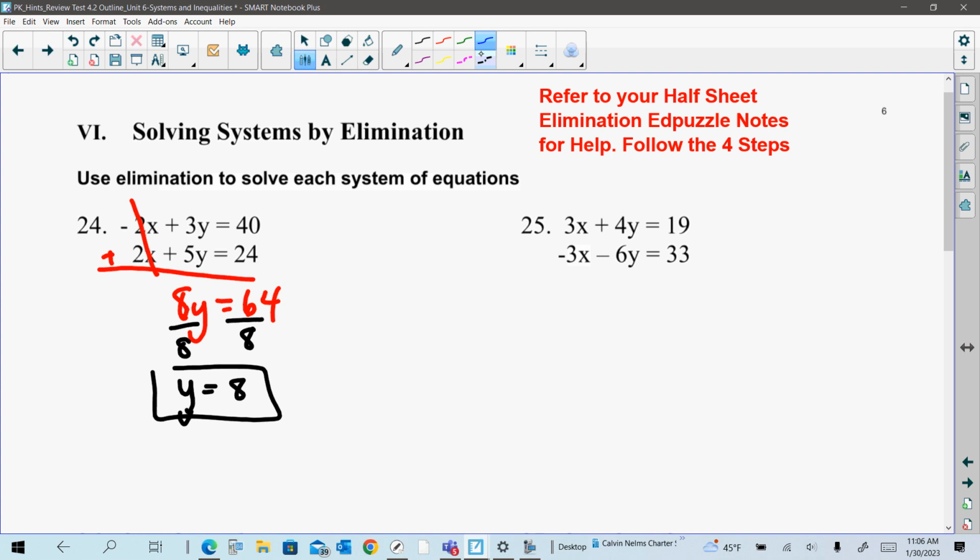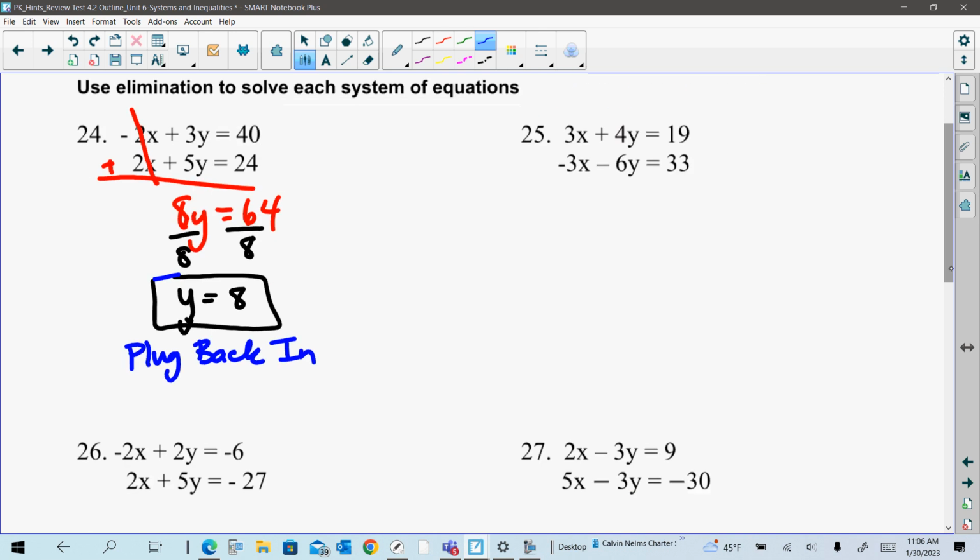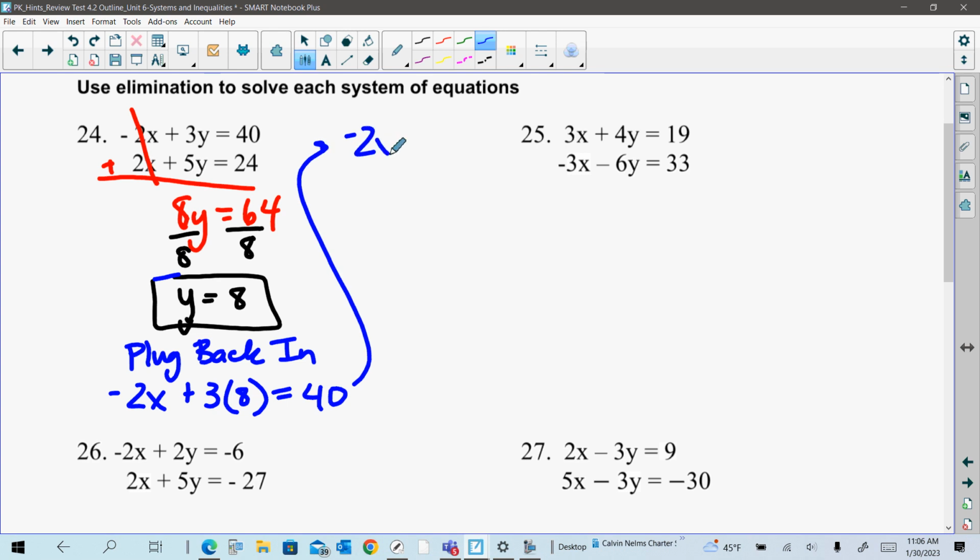Are we done after that? Nope, got to plug it back in. Which one do you want to plug back into? The first one? All right, so that means negative 2x plus 3 parentheses 8 equals 40. So really this becomes negative 2x plus 24 equals 40.